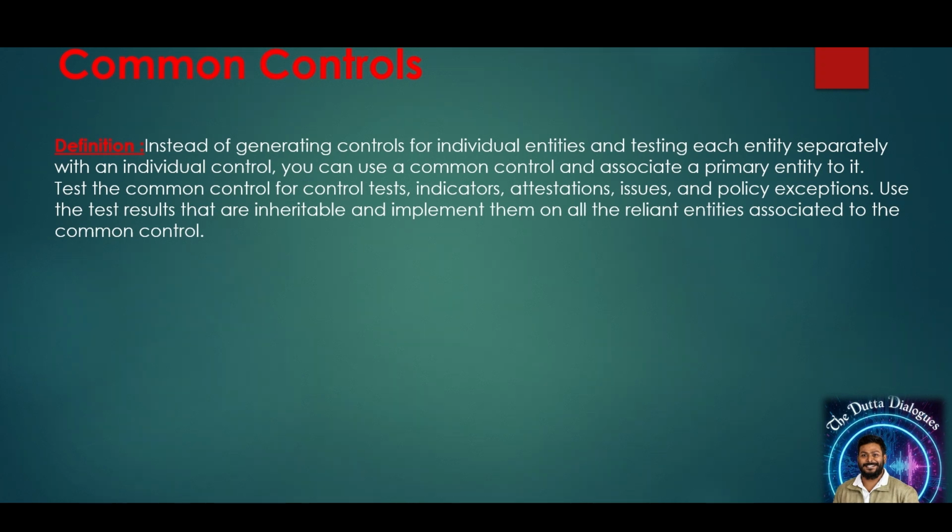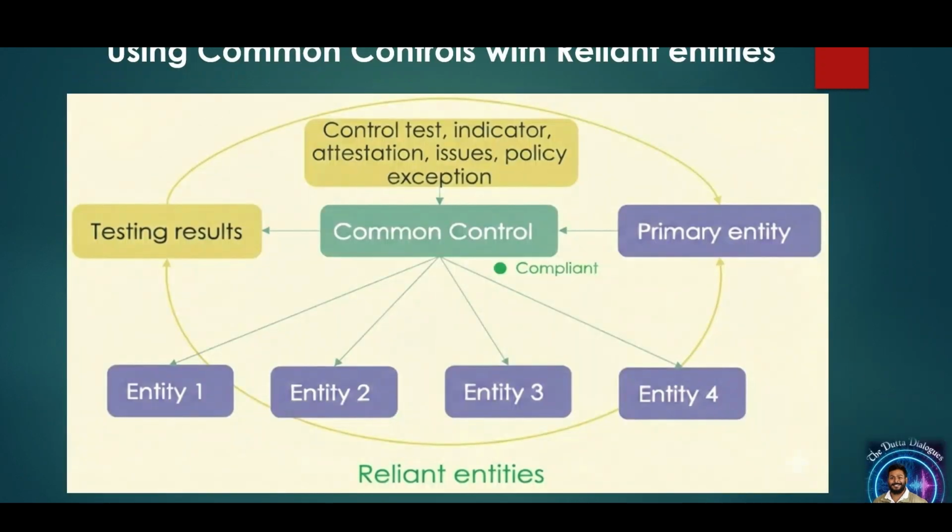So, how do we actually visualize this? How does it work? For using the common controls with the reliant entities, you have this common control in the middle. Then you have the primary entity which will be linked to this common control. Then this primary entity will have the different other reliant entities like 1, 2, 3, 4, or it could be more.